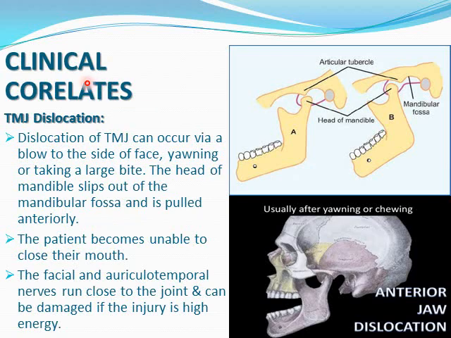A very important clinical correlate is the anterior dislocation of the temporomandibular joint. So dislocation sometimes occurs when the mandible is depressed, and in this movement the head of the mandible along with the articular disc moves forward to reach the summit of the articular tubercle, and in this position the joint is unstable and a minor blow to the chin or yawning or taking a large bite causes the head of the mandible to slip out of the mandibular fossa and be pulled anteriorly.